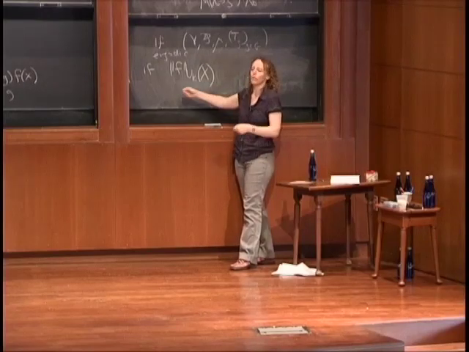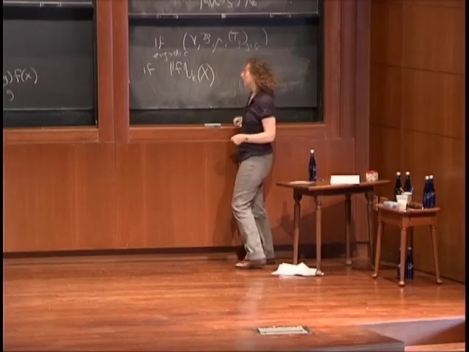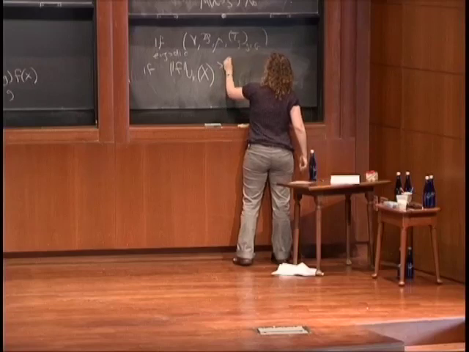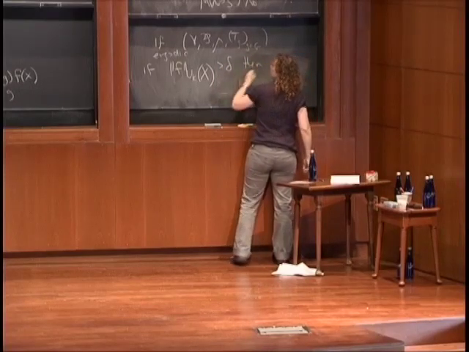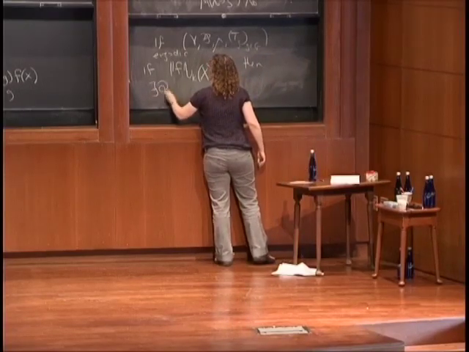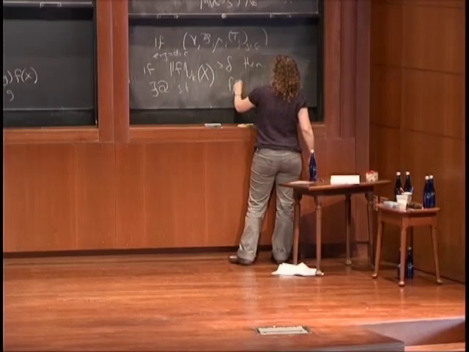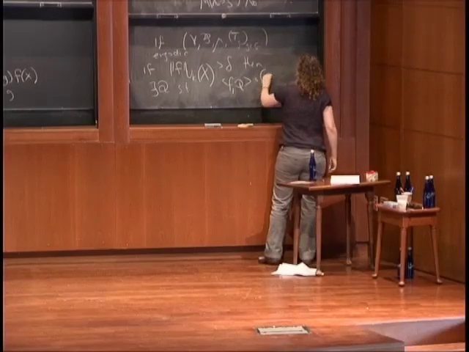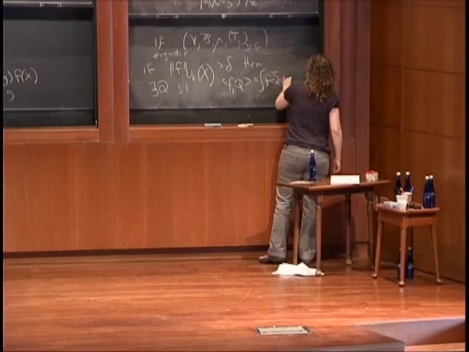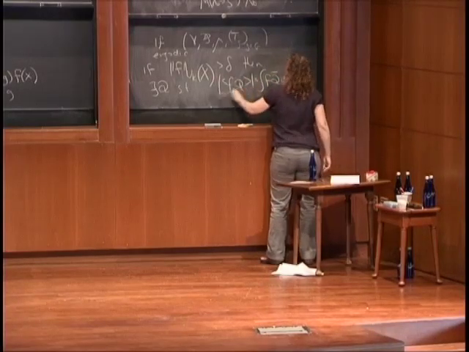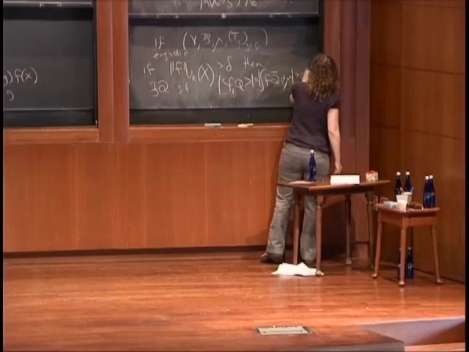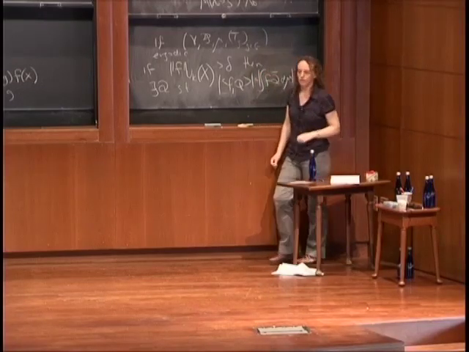There's just this limiting process that you need to take. If this is greater than delta, then there exists a polynomial q such that the integral of f times q bar d mu is greater than some constant depending on delta.